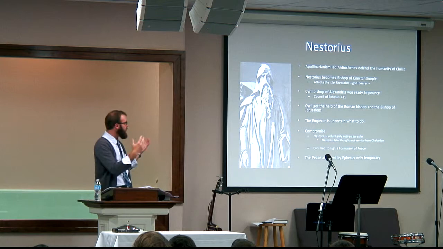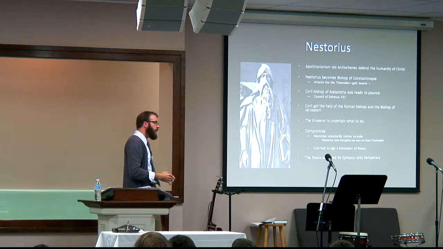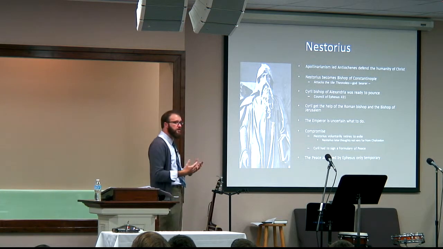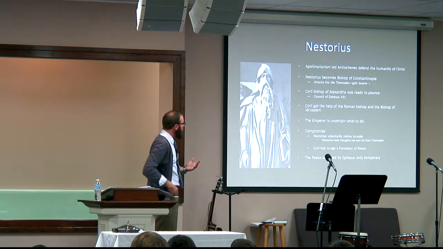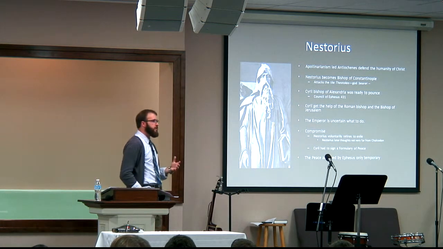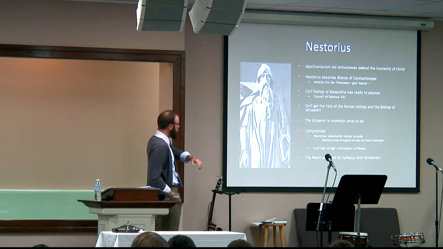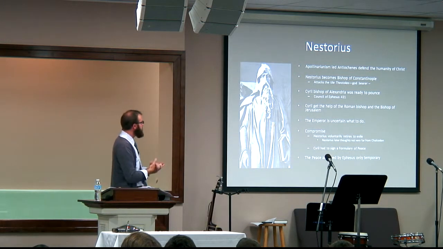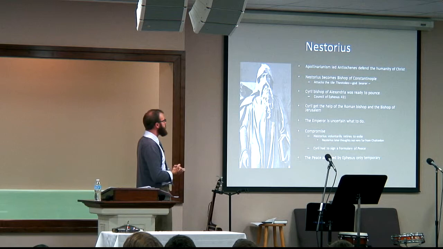So you have these two rival things, and the emperor is uncertain what to do. And eventually a compromise is worked out, like always happens. Nestorius voluntarily goes into exile. And Cyril, the bishop of Alexandria, had to find a formulary of peace, which is just like a statement of orthodoxy that really upholds Antioch's view of the two natures. But this peace is only going to be temporary, unfortunately.